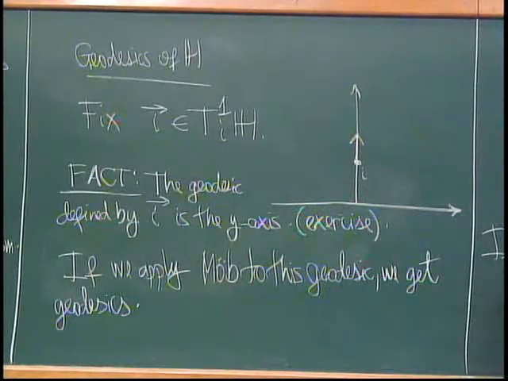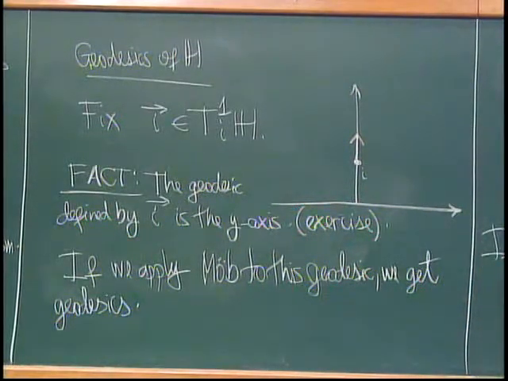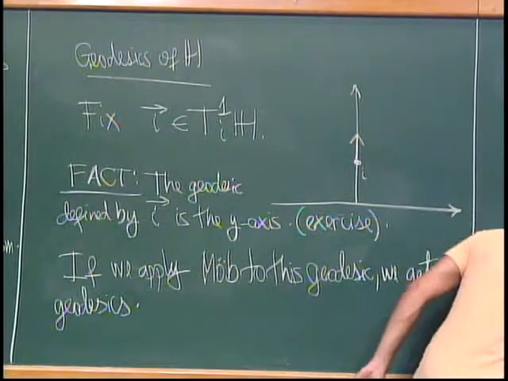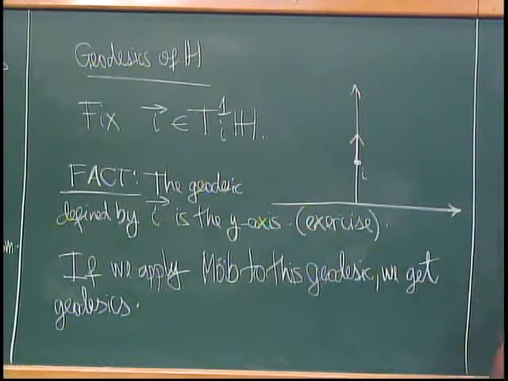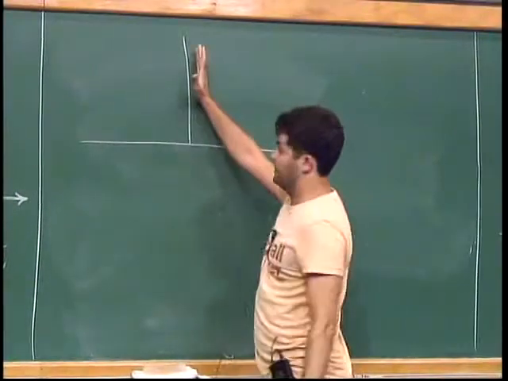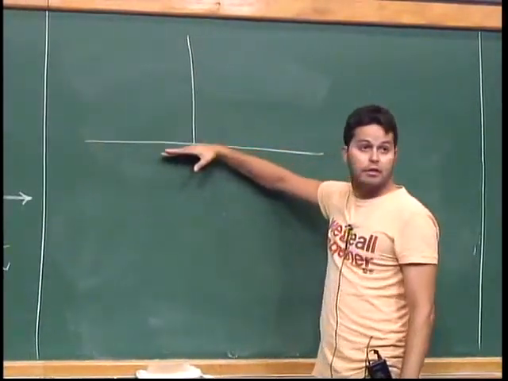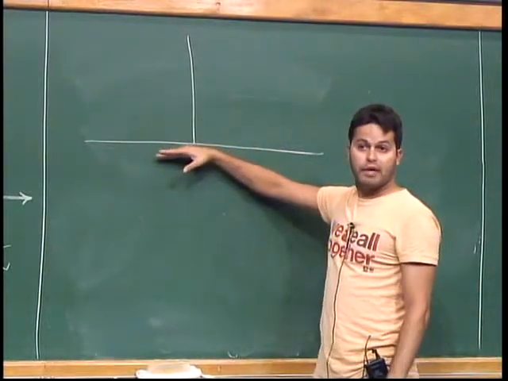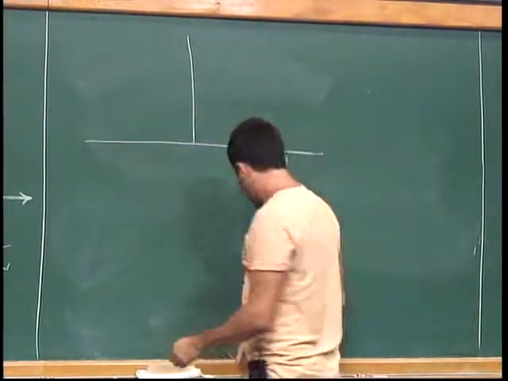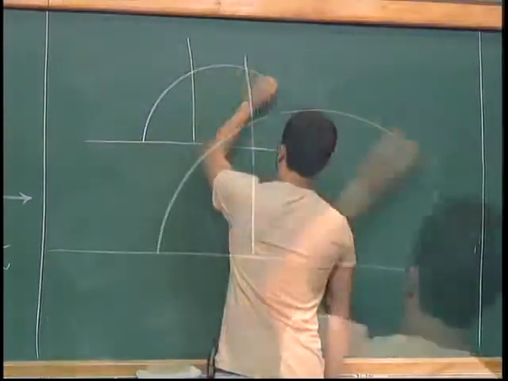And we know that because the hyperbolic metric is conformal to the Euclidean metric, as I said in the beginning, Möbius transformations should preserve angles. So the image of a line like this, which is orthogonal to the x-axis, should also be orthogonal to the x-axis. And it is not hard to see that the images that you can get are like this.